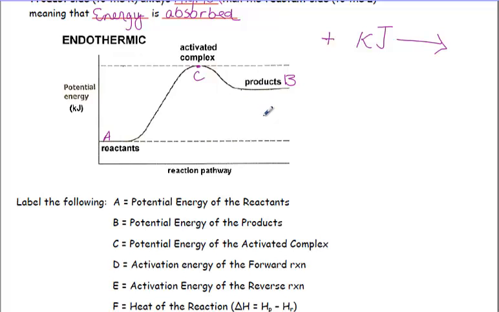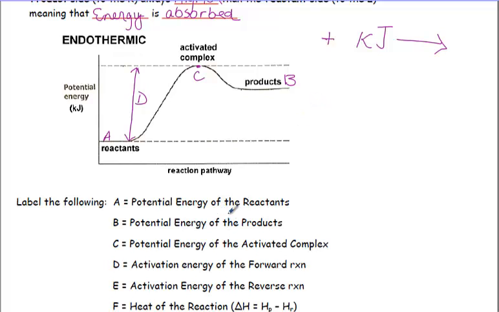Now D will be located between the potential energy of the products and the reactants, well actually you'd be subtracting this. So the activation energy is the energy that is needed to get to this point from the reactants. So this would be letter D. This is the activation energy of the forward reaction.